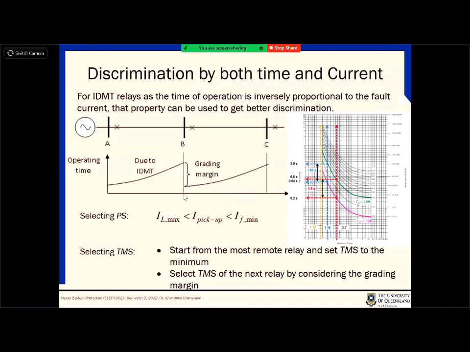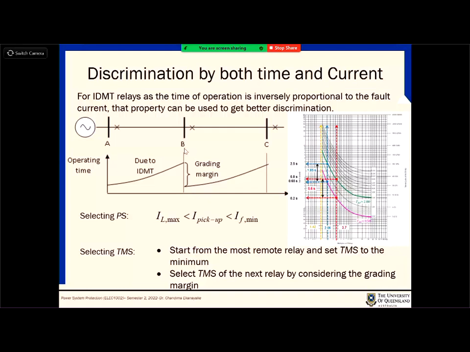You will understand this when I am doing another example, right? So in the next, I think, couple of pages after this. But what you need to understand here is that you are jumping from one curve to another curve. And then now I fix the operation of that relay on this curve.